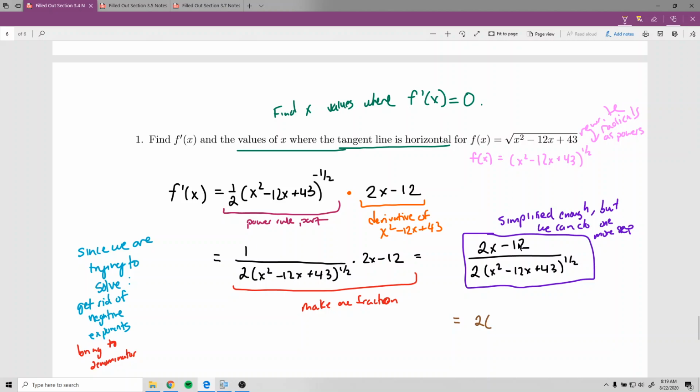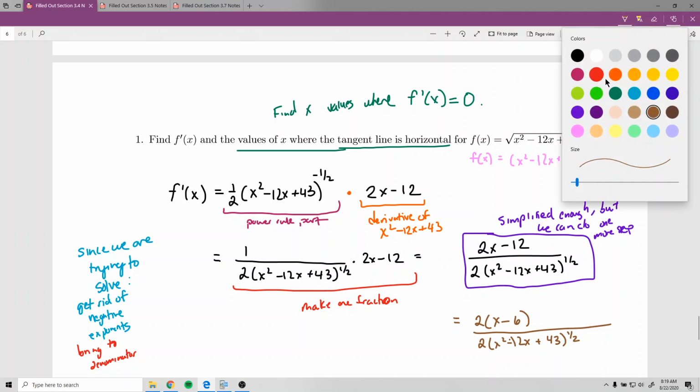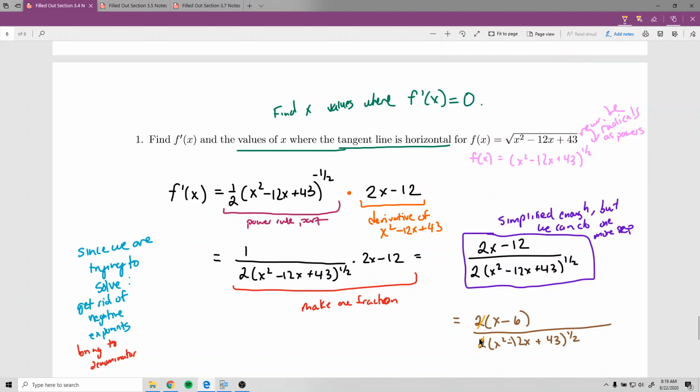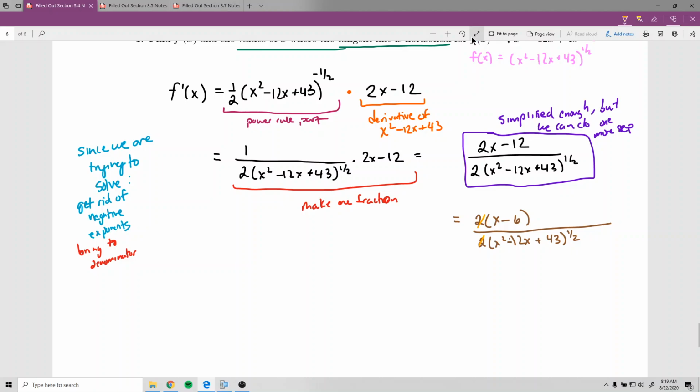When we take a 2 out of 2x minus 12, we get x minus 6 over the bottom. And then we can cancel the 2's out. And we are left with our absolutely as simplified as possibly can be derivative of x minus 6 on the top over x squared minus 12x plus 43 to the 1/2.